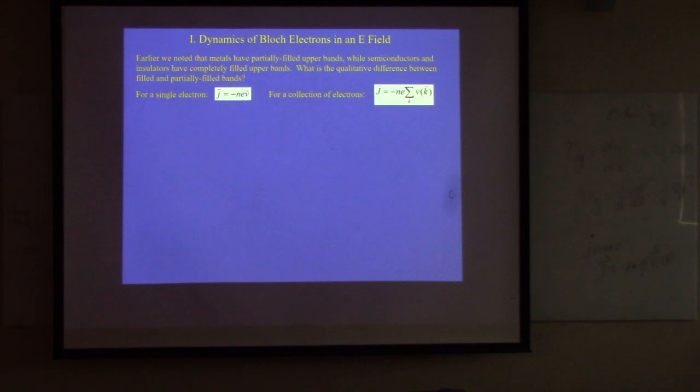Any point, if you take positive k, you get this value E. If you take the same negative value, you get the same E, right? So now that's important, because what is V? V is 1 over h cross dE by dk, right? So for the plus k state, if you take the velocity, if you take dE over dk, you get plus k coming out.